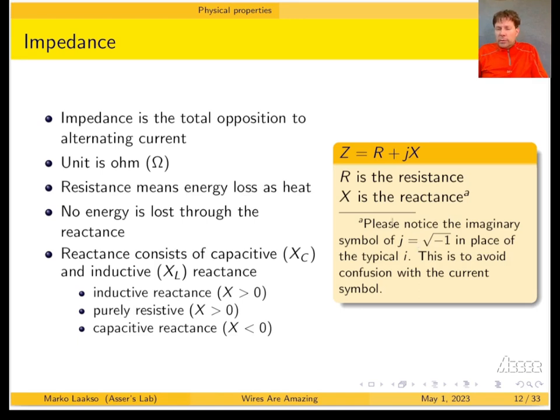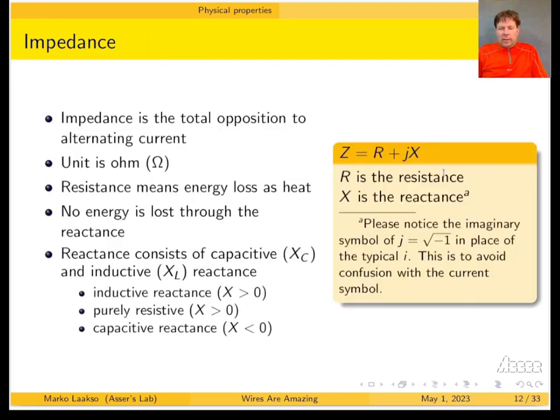One notion about this complex representation of the impedance is that we have the resistive part and then the reactance part, but this imaginary symbol is often j in electronics, where we typically use lowercase i in math, just to avoid confusion with the current symbol.